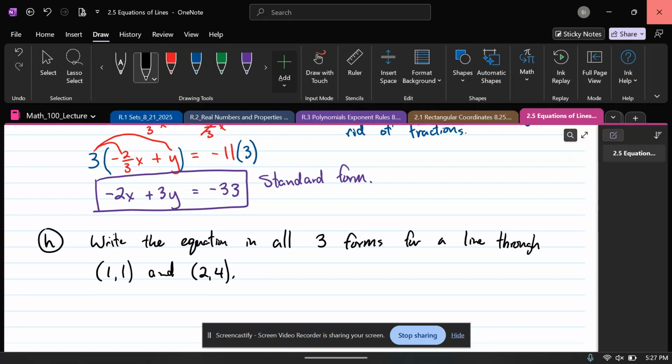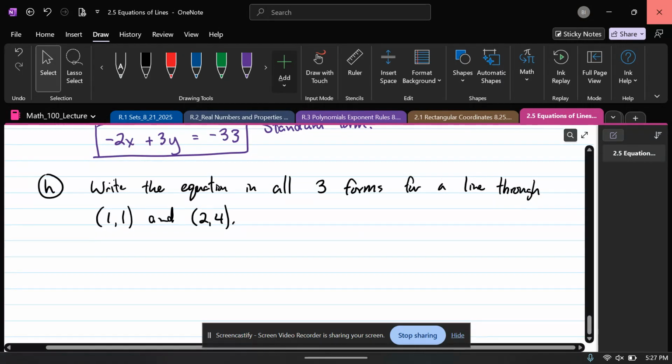I would do it in that order because it's easy for me to take a point slope form problem and turn it into slope intercept form because I just got to get y by itself. Then it's easy for me to take a slope intercept problem and get it into standard form because I've just got to get x and y on the same side and then get rid of the decimals and fractions if I have them. Okay, so I'm going to start with what?